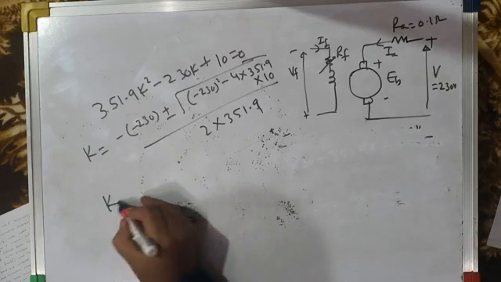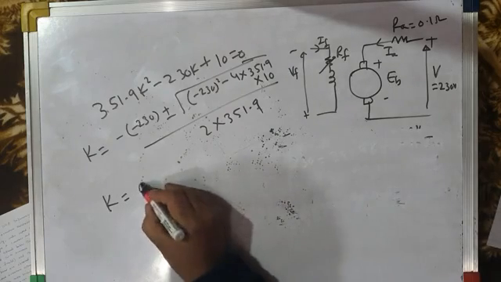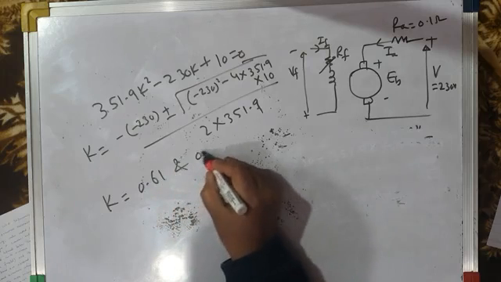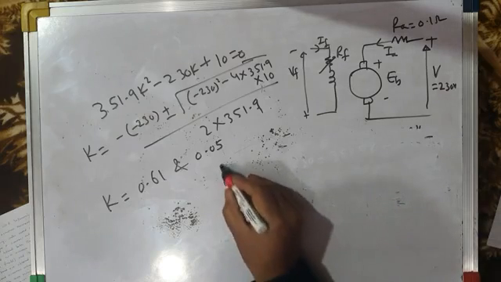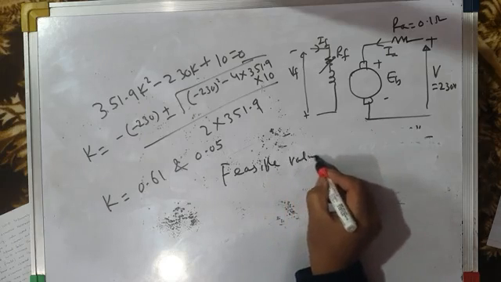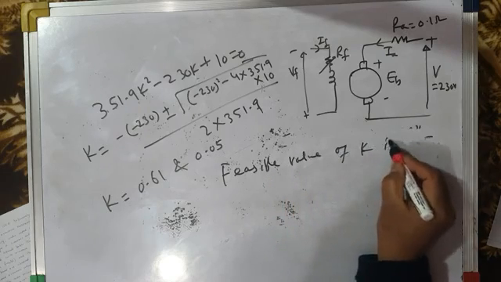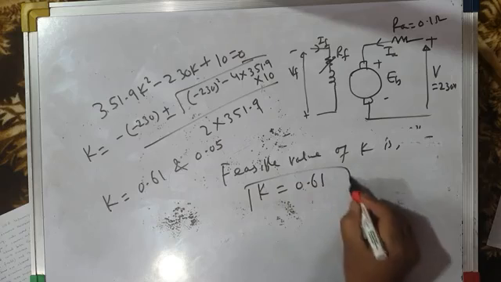Here B is minus 230, A is 351.9 and C is 10, so 2A is 2 into 351.9. So this will give two different values of K. I have calculated it. K is 0.61 and 0.05. The most reasonable or feasible value of K is K equal to 0.61. That's it.